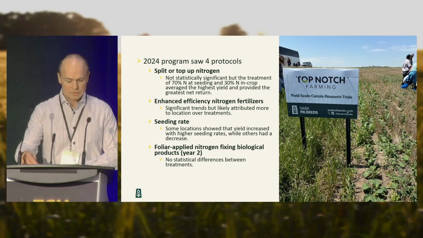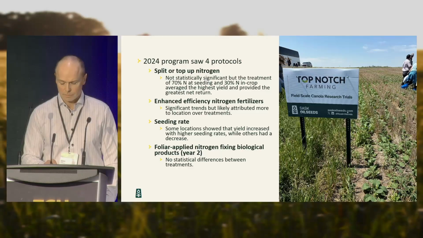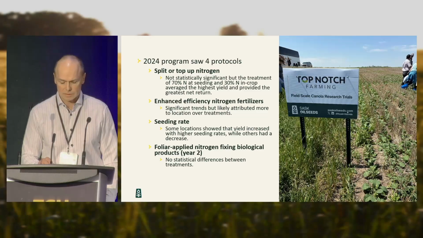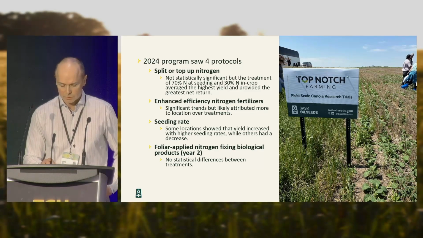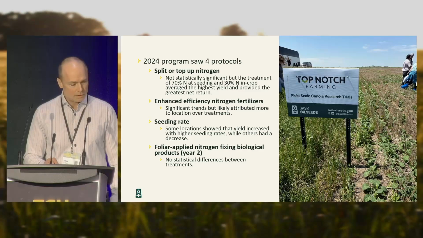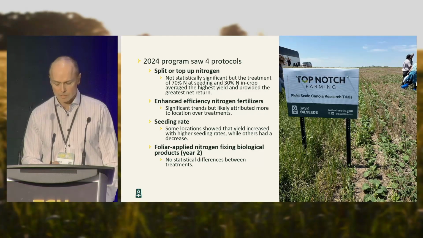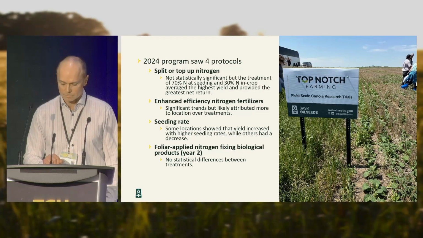So we do have results from 2024, which had 4 protocols, but due to the environmental conditions that year, there weren't a lot of statistically significant results for any of the trials. The first one is the split or top-up nitrogen trial. There are 2 options for the growers to choose.